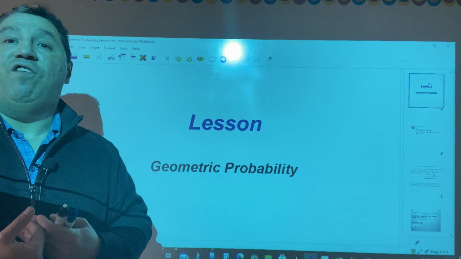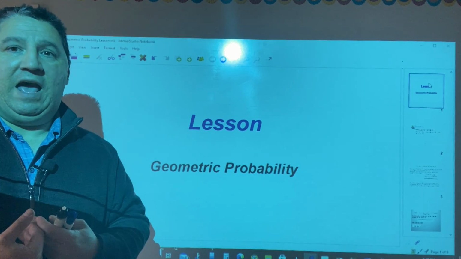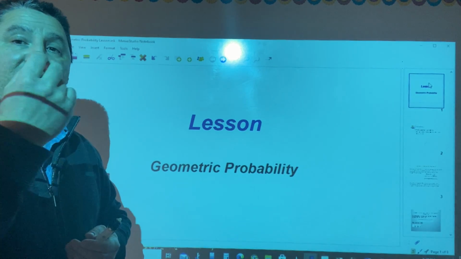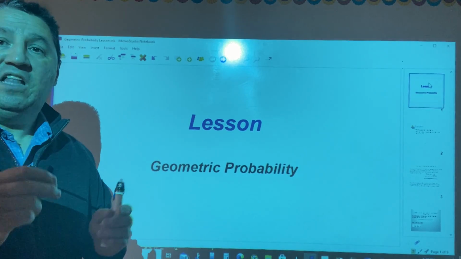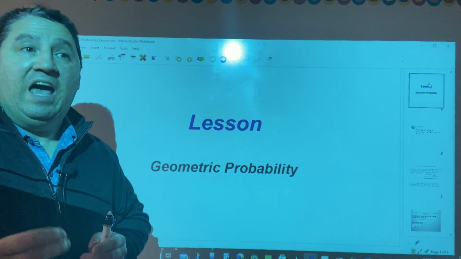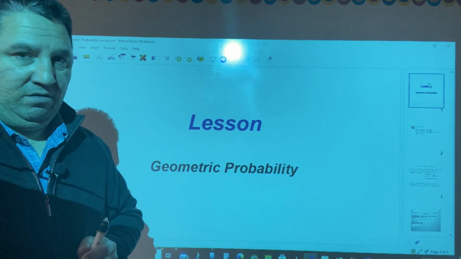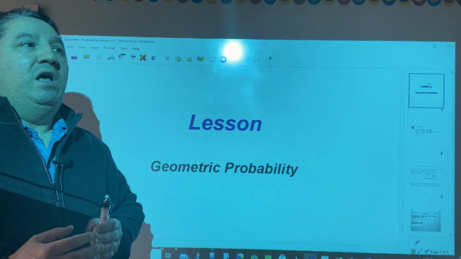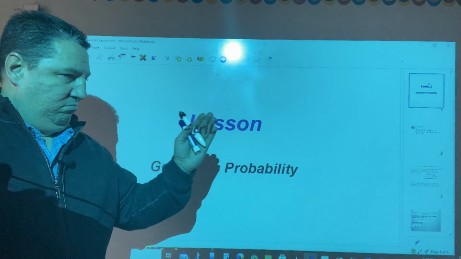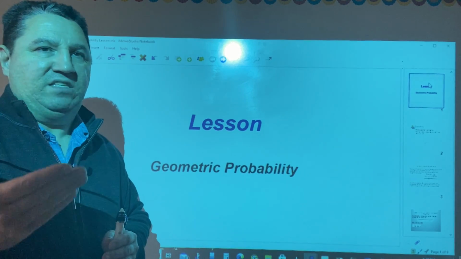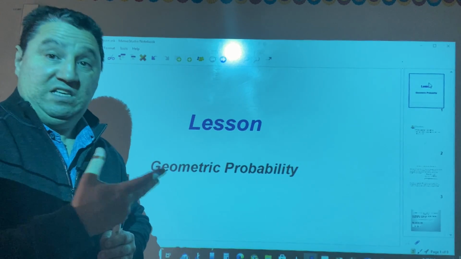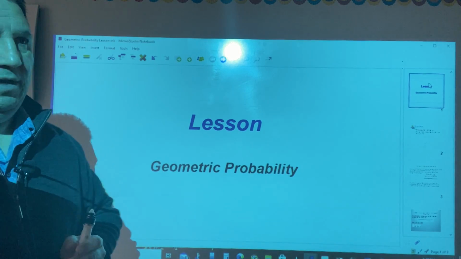And we defined probability as a numerical value between 0 and 1 that measures the likelihood of an event. Remember, a probability could be expressed as a fraction, a decimal, or a percent.